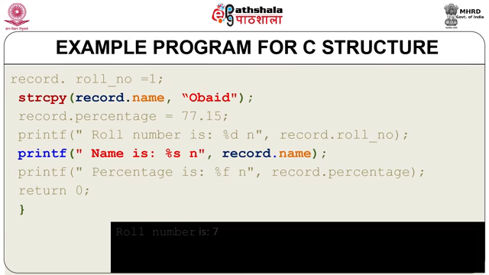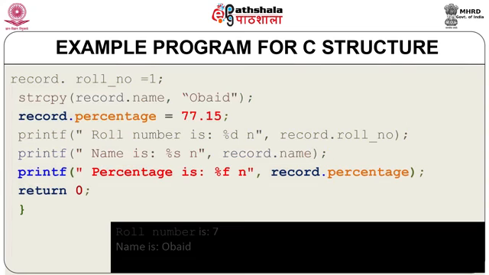So you are storing the name Ubaid in record dot name, and you are also displaying the name of the student on the screen using the printf statement, that is printf name is %s comma record dot name. In record dot name, the name Ubaid is stored using the string copy function.